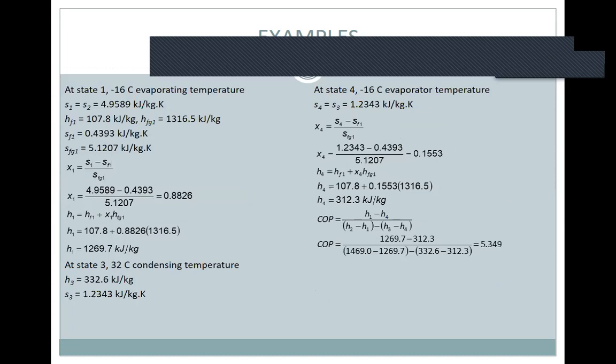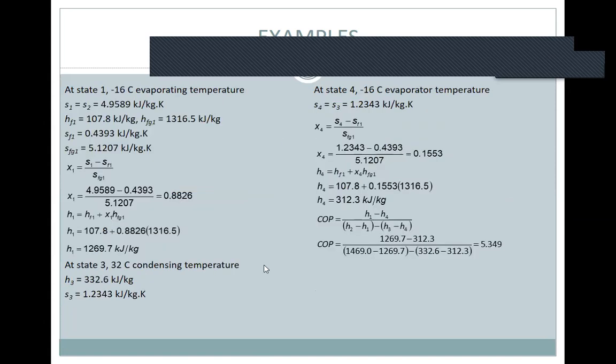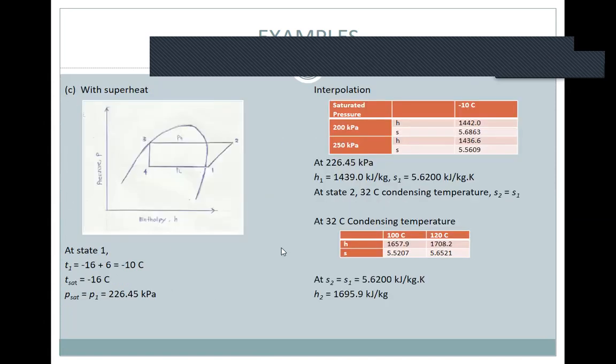At state 4, negative 16C, evaporator temperature, S4 is equal to S3. Interpolation. So, saturated pressure mo andon, 200 and 250 may available. So, negative 10C, eksakto, di ba?